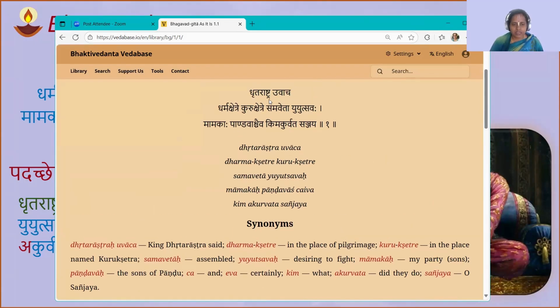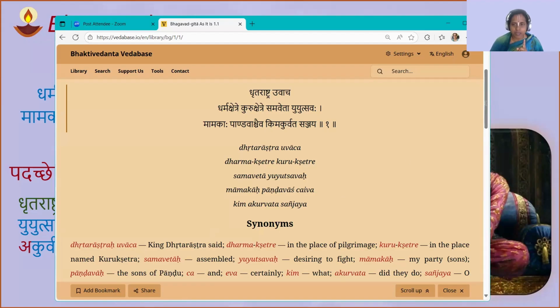The original Sanskrit words are different, but in the padacheda the Sandhi part is already taken care of. See, Dhritarashtra Uvacha, but this is not the real Sanskrit word that can be used in a sentence. There was a Sandhi by which the Visarga, which was supposed to be here, got lopaha, meaning disappeared. So the original word is actually Dhritarashtraha Uvacha. Got it?